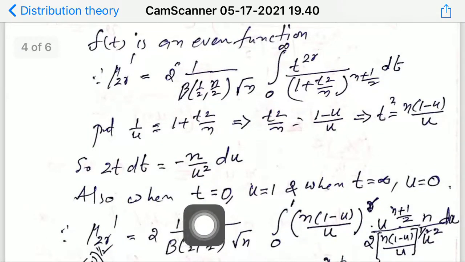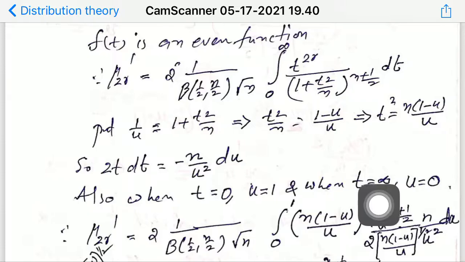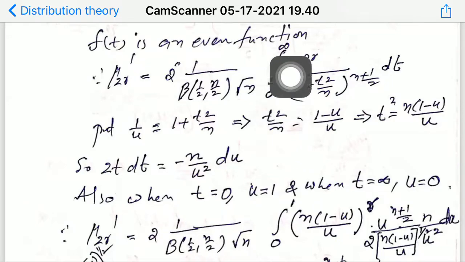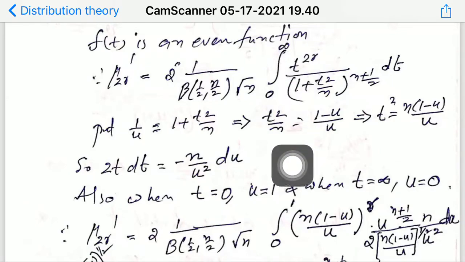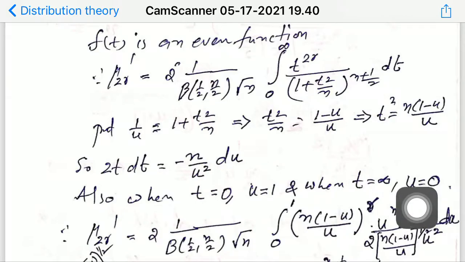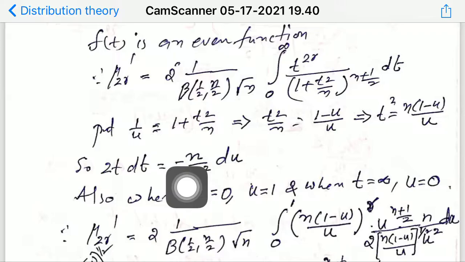And the range will become, when t is equal to 0, u is equal to 1, and when t is equal to infinity, u equal to 0. That means the integration from 0 to infinity becomes 1 to 0. But there is a negative quantity here.